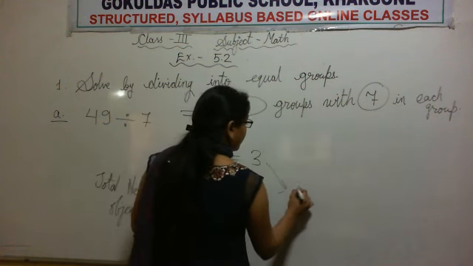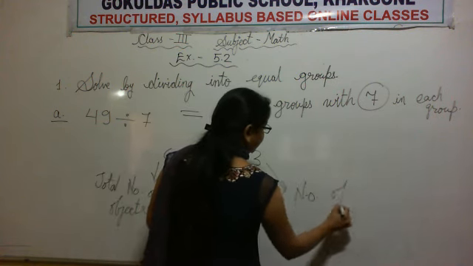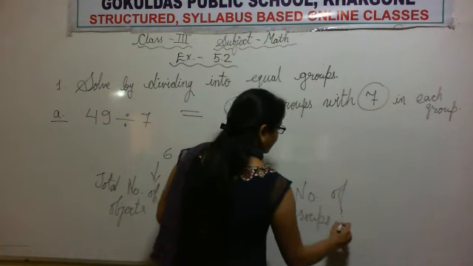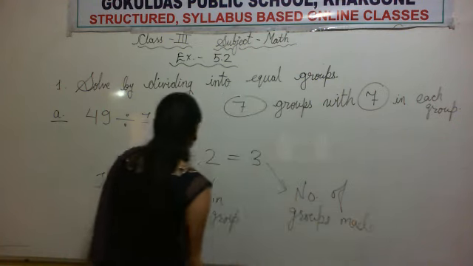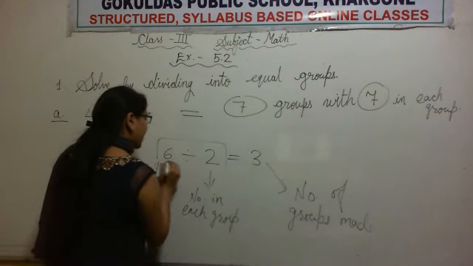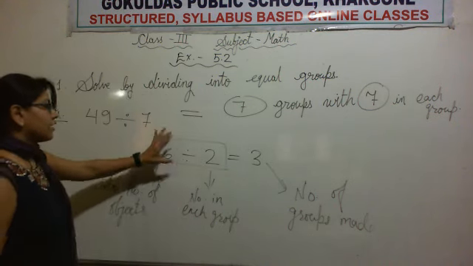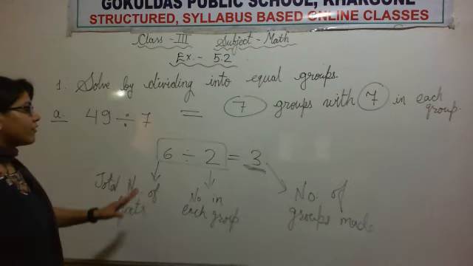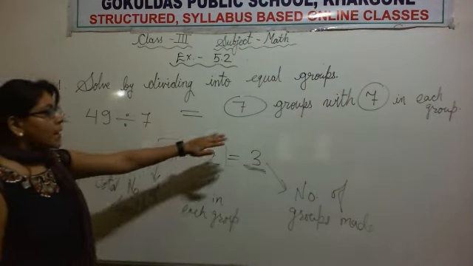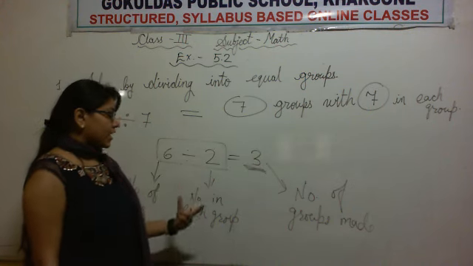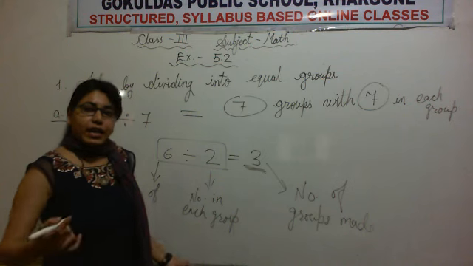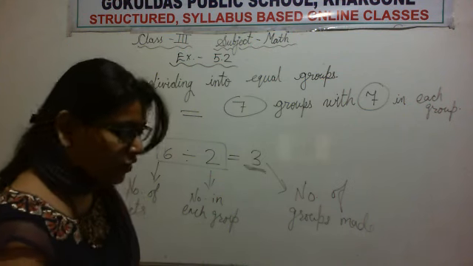And this was the number of groups made. This is given by the question. We can find this with the help of the table, and with this we can find the number of groups and the number in each group. Okay students, so let's do it.